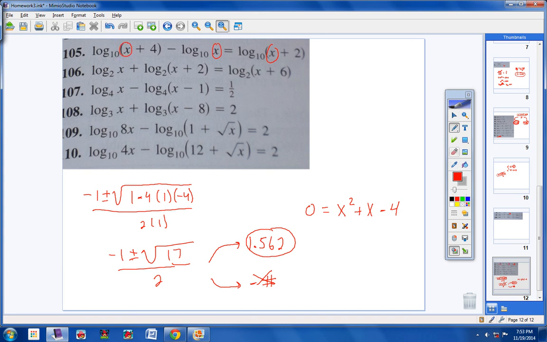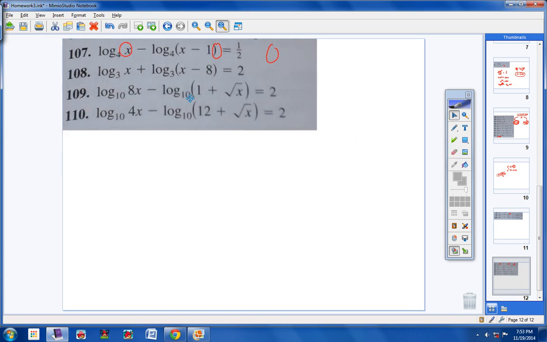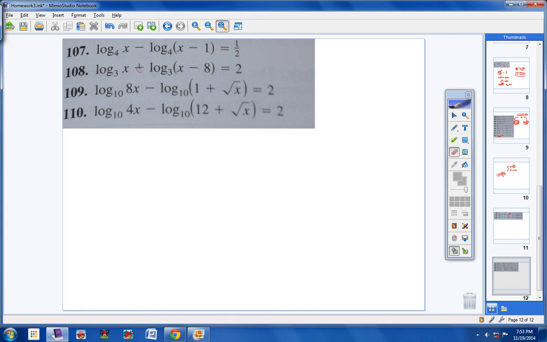Okay, number 107. Here we go. 107. Two logarithms are being subtracted. So log base 4 of x over x minus 1 equals 1/2.